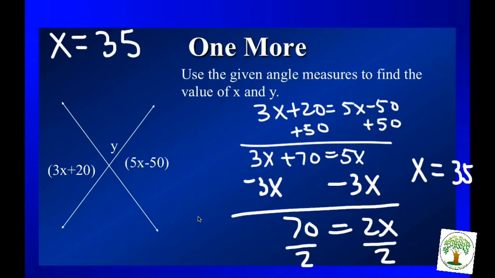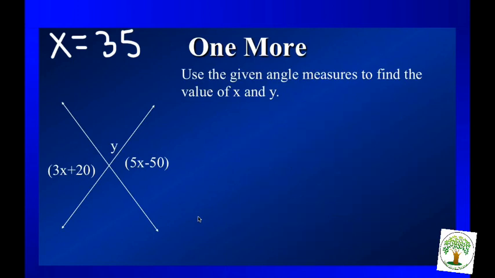So we've got to do 35. What do you have to do? Y plus 35 equals 180? Or 180 minus 35? You know that if you plugged 35 in there, you could get an angle measure, because 35 is that x value.